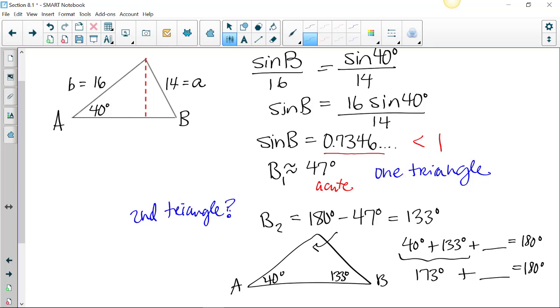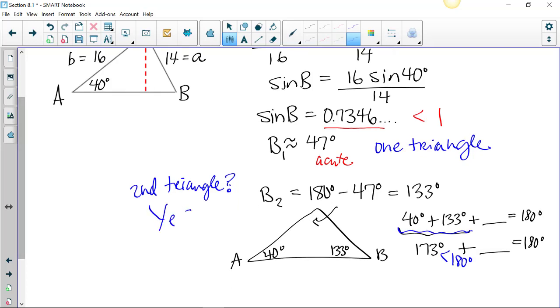So what does that tell me then? I have a second triangle, because the sum of these two is less than 180. So is there a second triangle? Yes, there is. So what I like to do is draw two separate pictures.